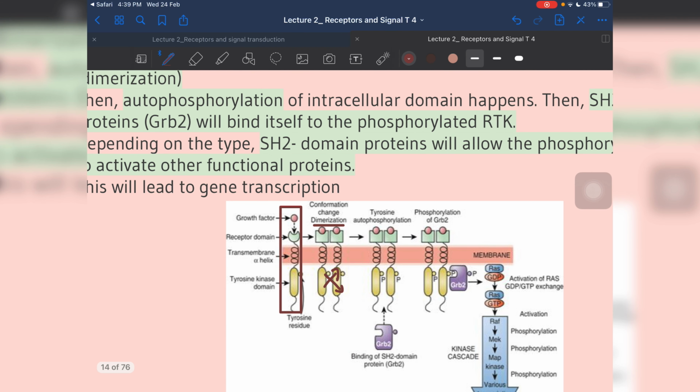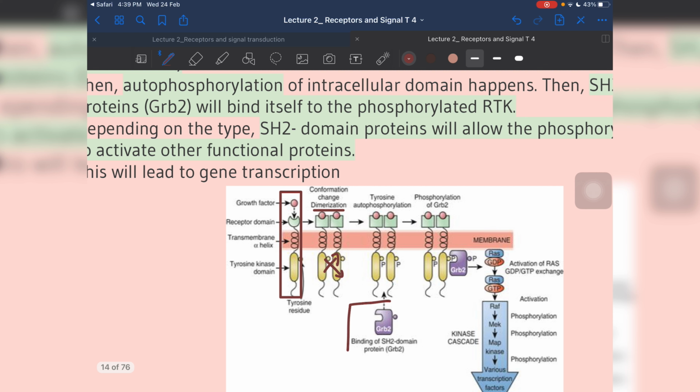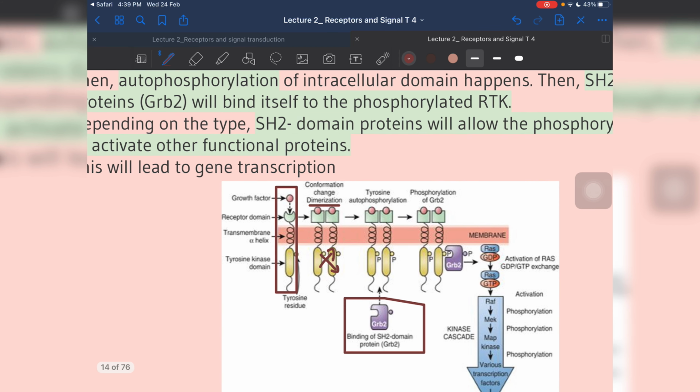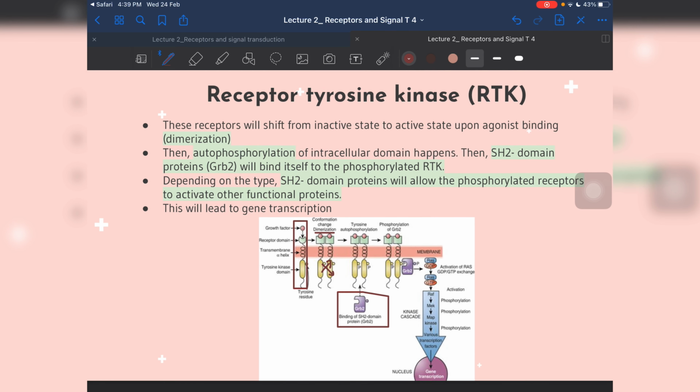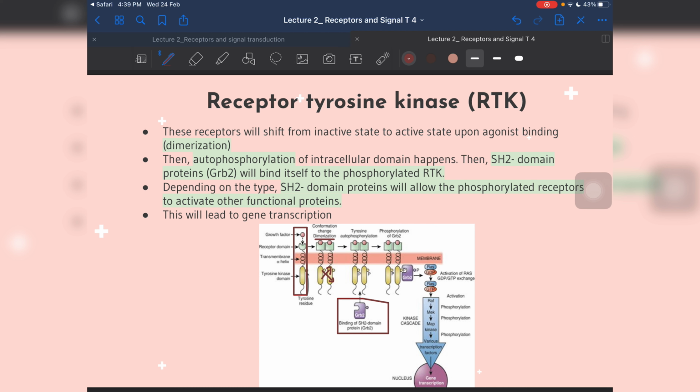Then a binding of the SH2 domain protein, GRB2, will also happen. It is an adapter protein. Depending on the receptor subtype, it will allow the phosphorylated receptor to activate other functional proteins, which eventually will result in stimulation of gene transcription. As you can see here, a lot more things will happen. A kinase cascade will happen before gene transcription, but I will only explain until this part, where RAS will be activated right after this.